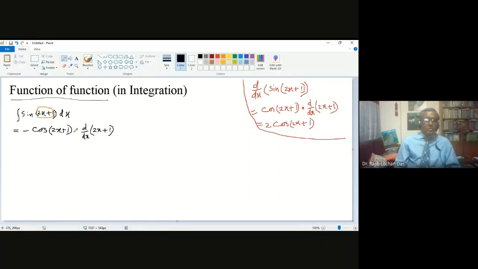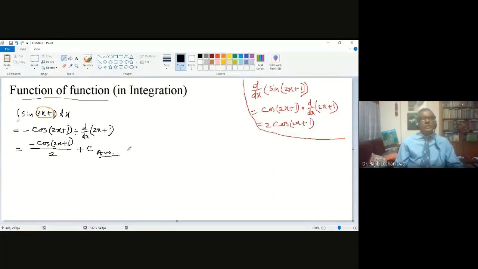You apply division instead. This is the difference. So in the next line the answer is minus cos(2x+1), and the differentiation of 2x+1 is 2, so you write divided by 2. Now the integration is complete, so you put one constant, and your answer comes.